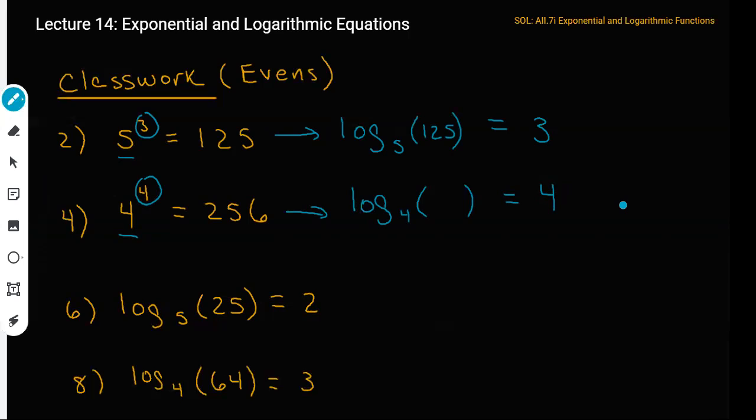And then my result, my 256, that's going to go inside the parentheses. Okay. So that's basically saying log base 4 of 256 is 4. It's saying what exponent does 4 have to be raised to get to 256? And it has to be raised to the 4th power for it to work.